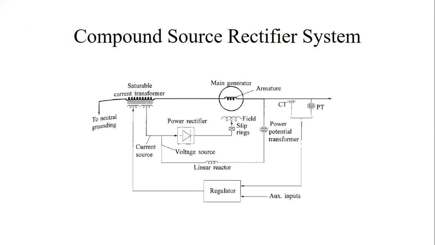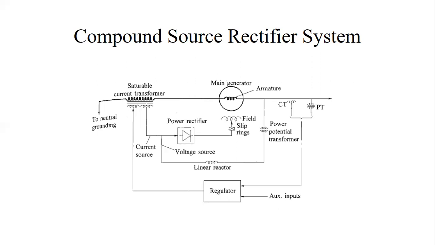Let's move further to the compound source rectifier system. The power to the excitation system in this case is found by utilizing the current as well as voltage of the main generator as shown in the schematic diagram.